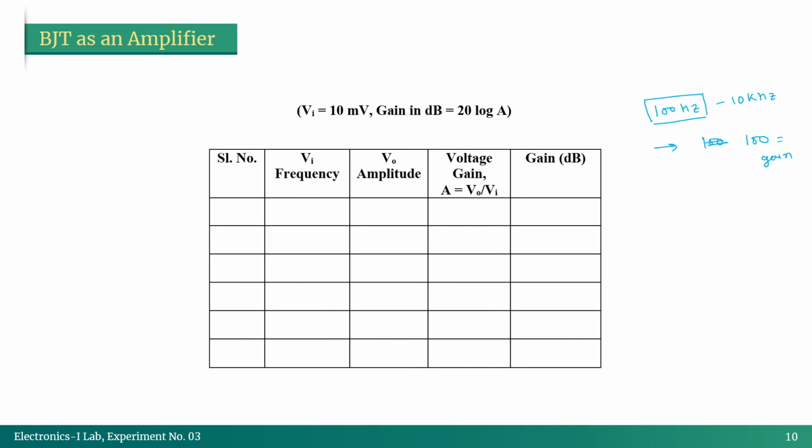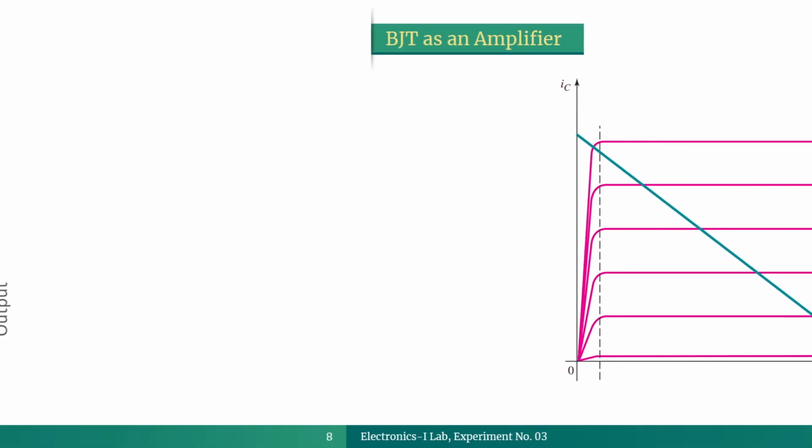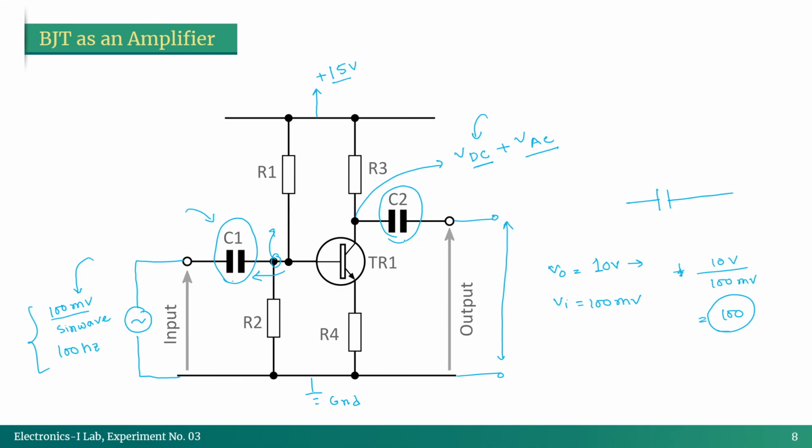This is because of the characteristics of the BJT and also because of the capacitors we are using, because the input and output impedance of this C1 and C2 will be different based on the frequency, right? Because we know capacitor impedance can be written as 1 by 2 pi fC.